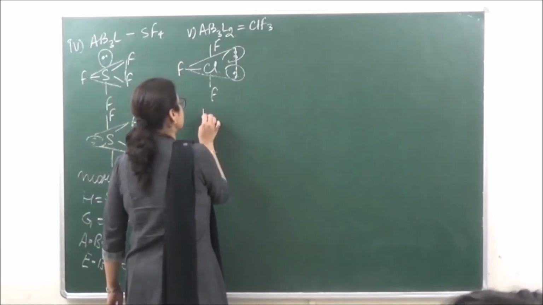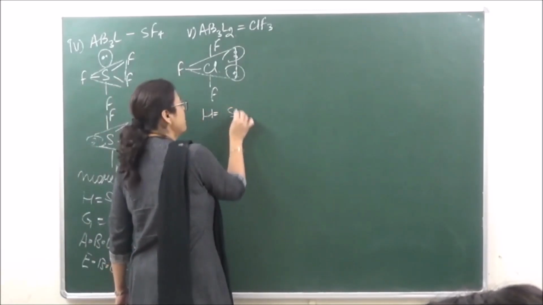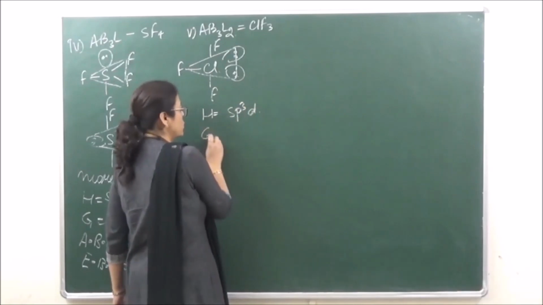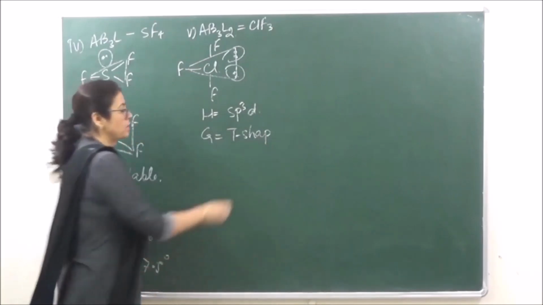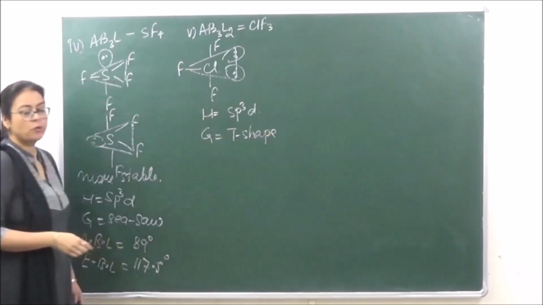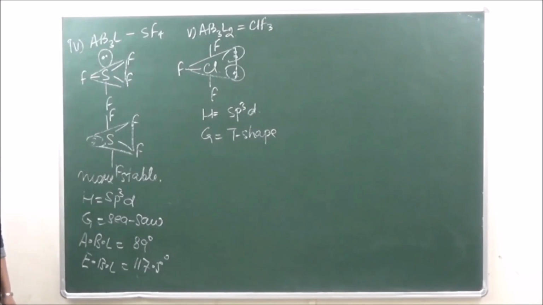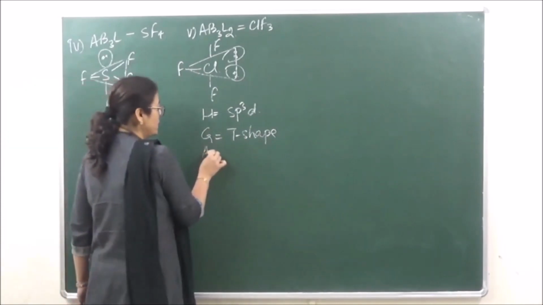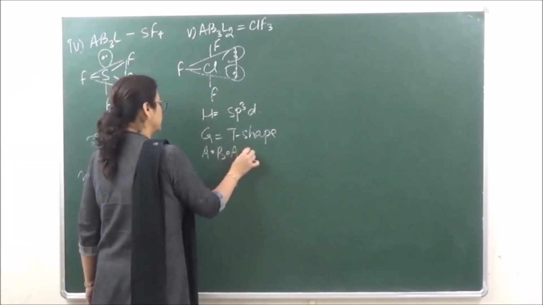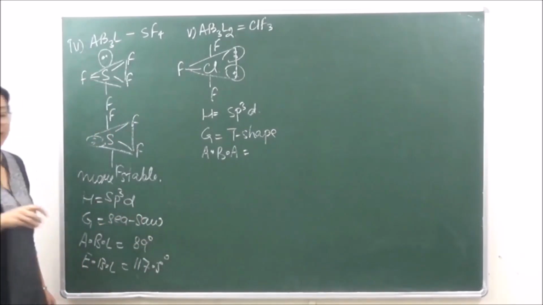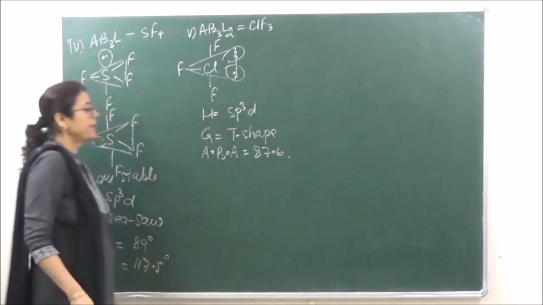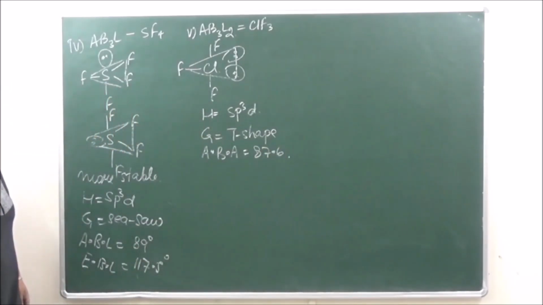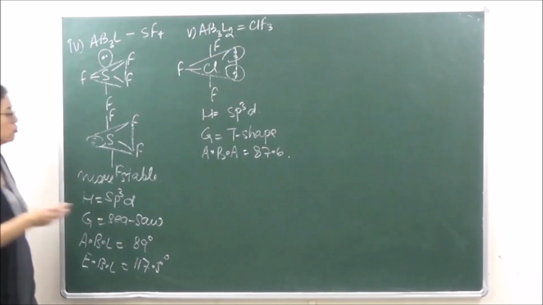Hybridization in this case, that is going to be same, sp3d. Geometry is T-shape, right? The geometry in this case, that is going to be T-shape. Clear हो गया? And the axial bond angle, that is equal to 87.6 degrees. ठीक है?